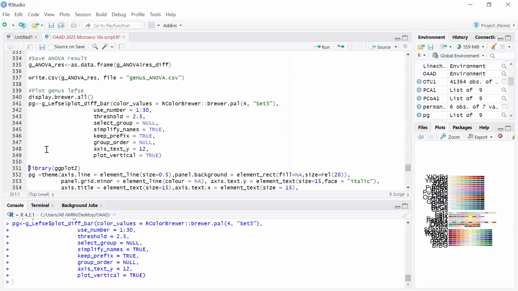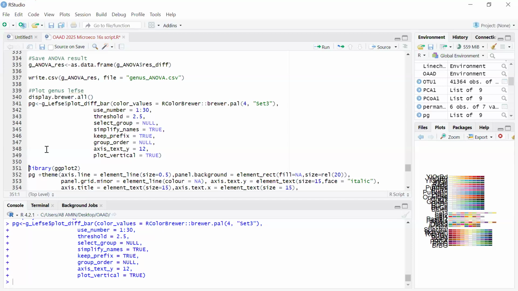Microbiologists have really frowned against using ANOVA on microbiome data. That was when this LEfSe was developed by a Harvard-based scientist. The Harvard-based scientists developed LEfSe, and they believe it has more statistical robustness to identify differences in microbiome data, which ANOVA was not specifically designed for.